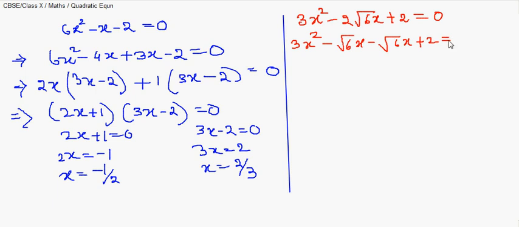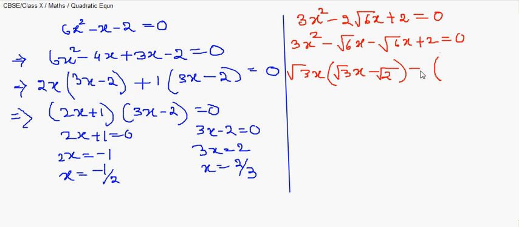This equals 0. Now if I take root 3x common, I will be left with another root 3x here, and here it will be root 2.